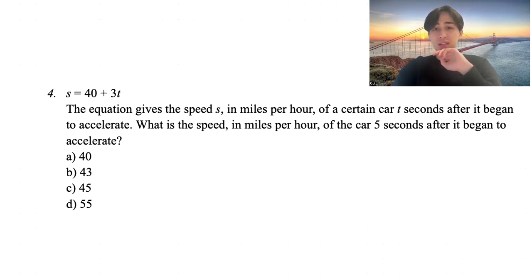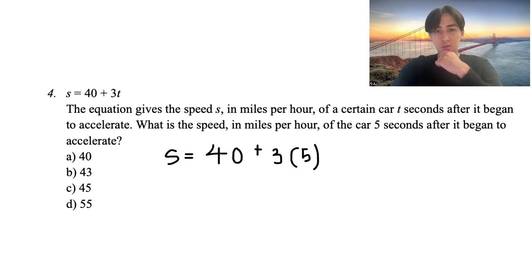Okay, since t represents the seconds after the car began to accelerate, and the question provides 5 seconds after, that means that t is 5. 5 is going to be substituted for t. So all you have to do is plug it in. So S equals 40 plus 3 times 5.